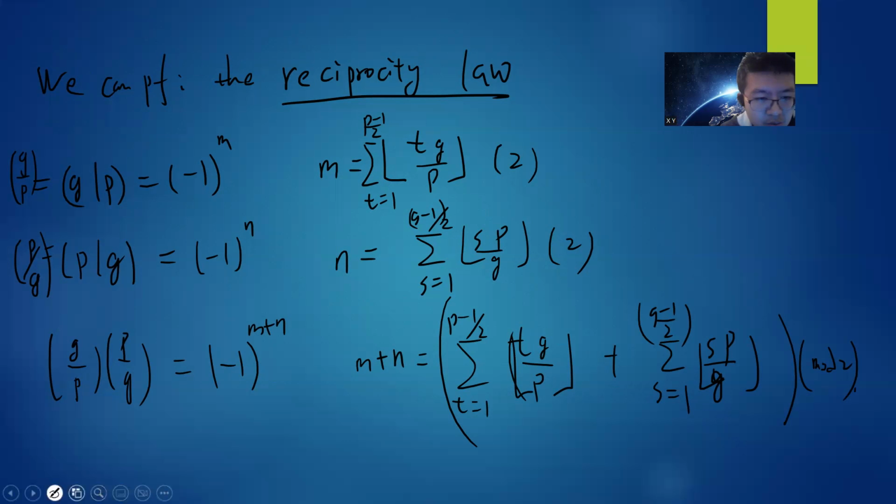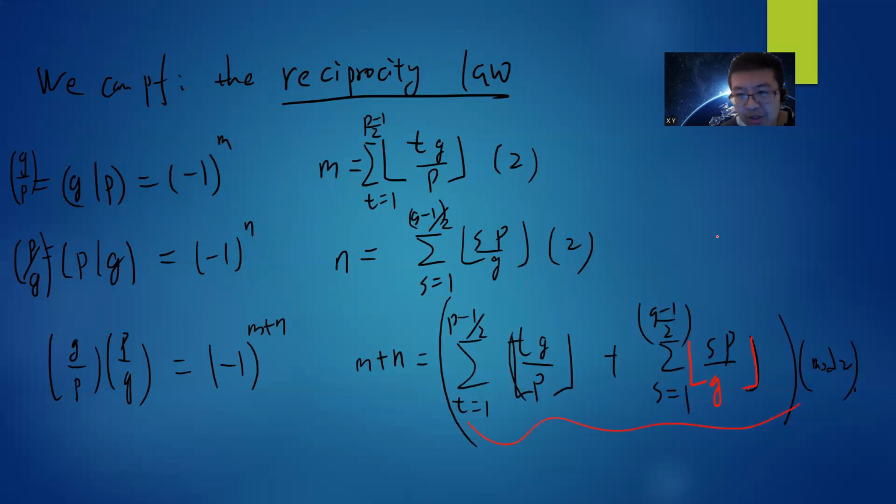Okay, so the final thing, the final thing to show. So show what? Show this is just (p minus 1)(q minus 1) divided by 4.